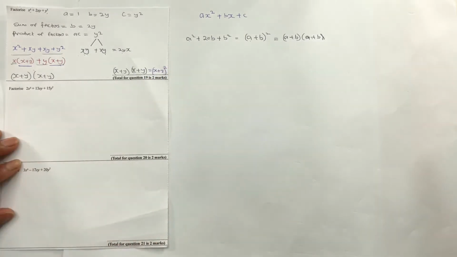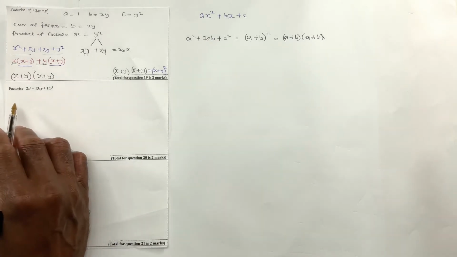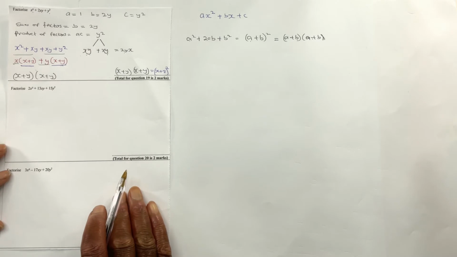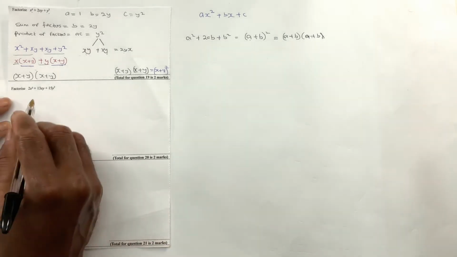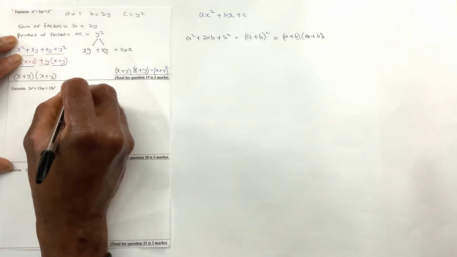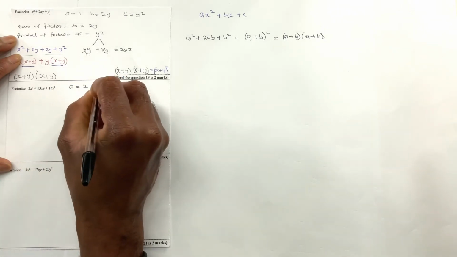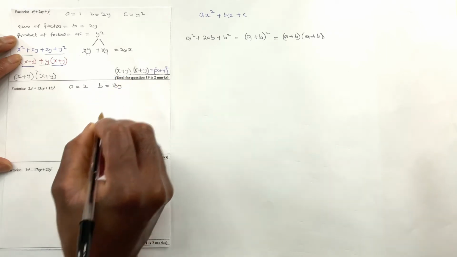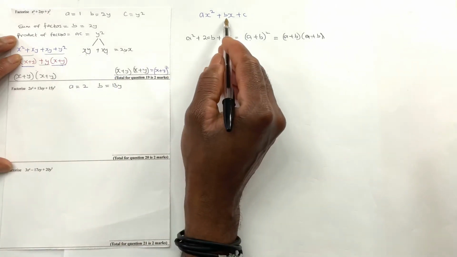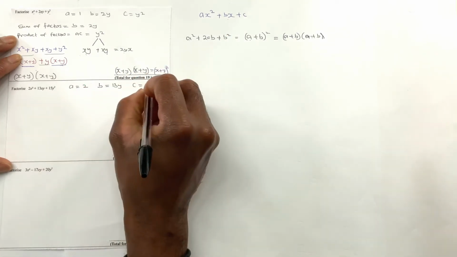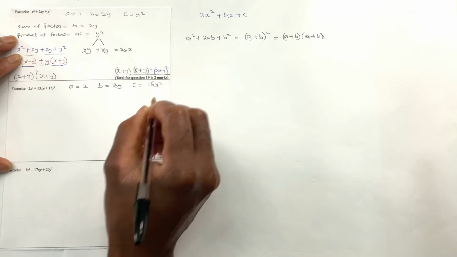Okay, the second factorization. With this one, what we need to do is exactly the same thing. We've got a equal to 2, b equals 13y, because I'm comparing with that, and c equals 15y squared.